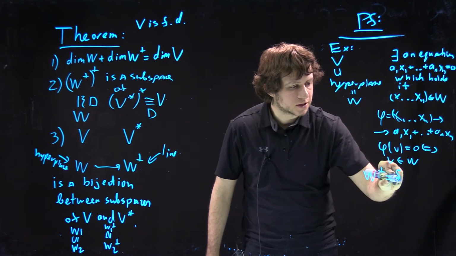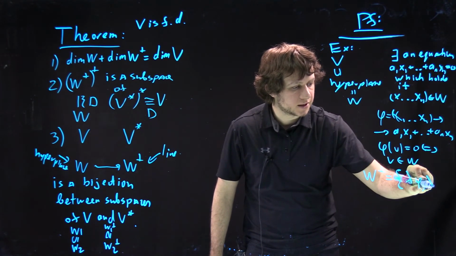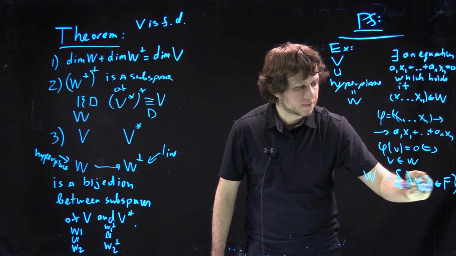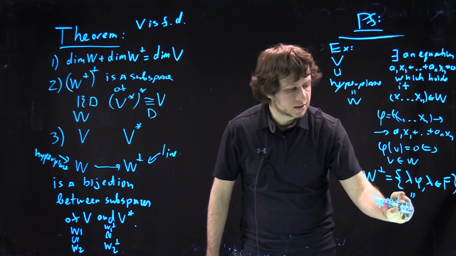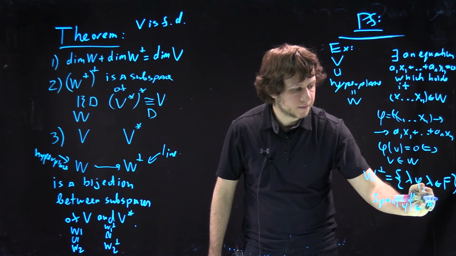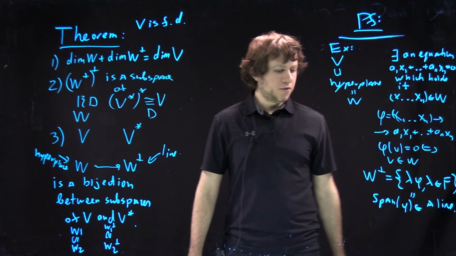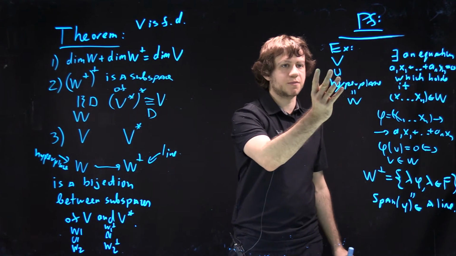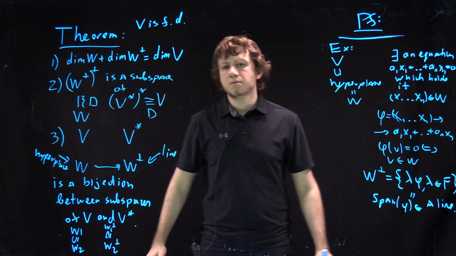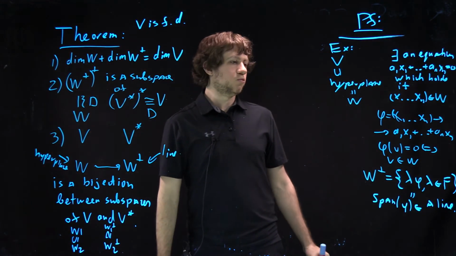So this is just lambda phi for lambda in F. And so this is nothing but the span of phi. And so this is a line. Perfect. So that's the duality between hyperplanes and lines. I think it's kind of cool, actually.